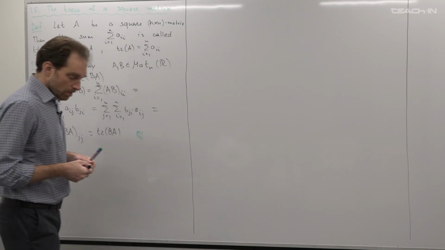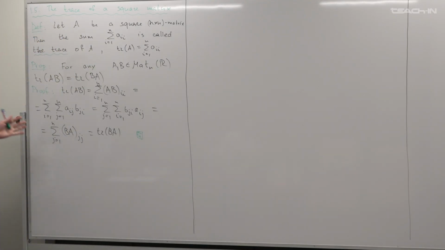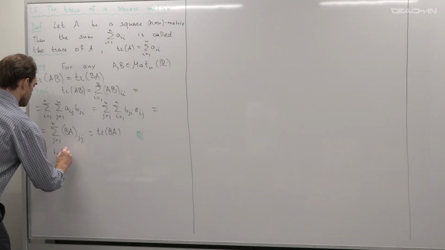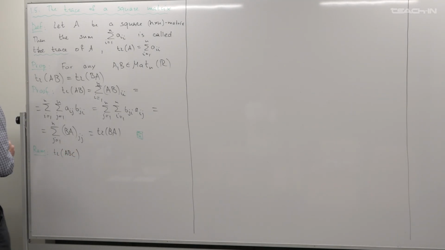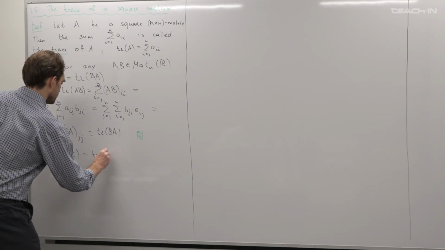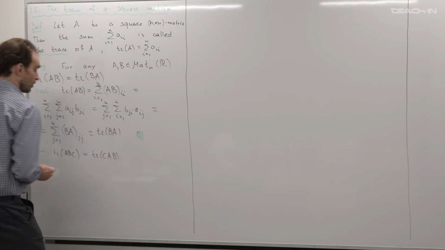Okay, so what about the product of more than two matrices? Let us make this remark. The trace of A multiplied by B and then multiplied by C equals the trace of C multiplied by AB. Why?